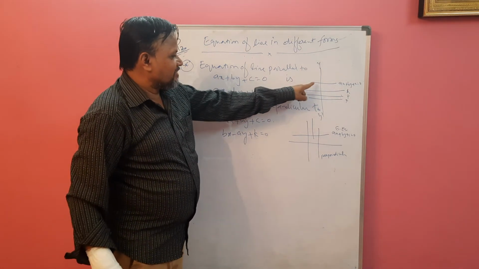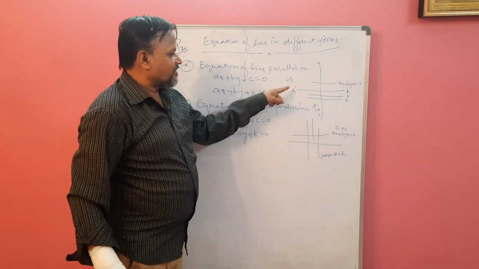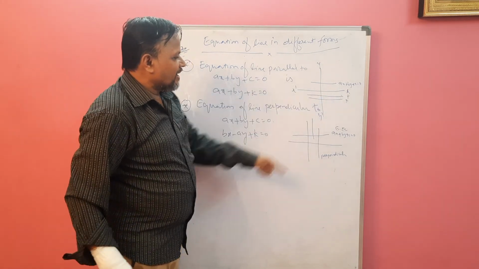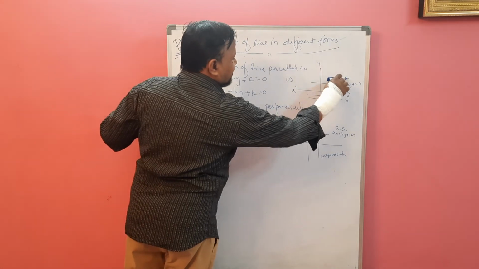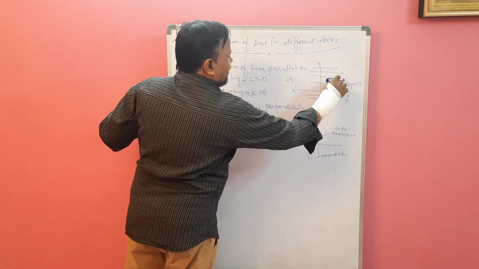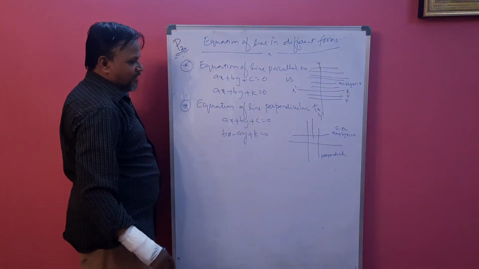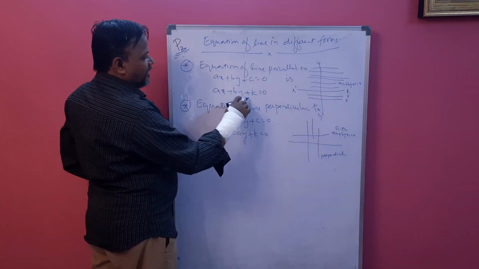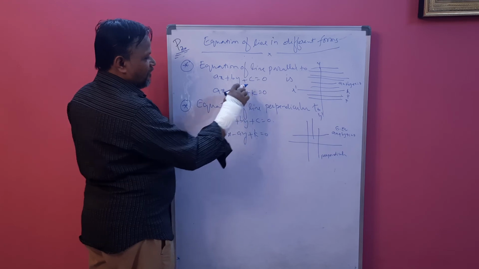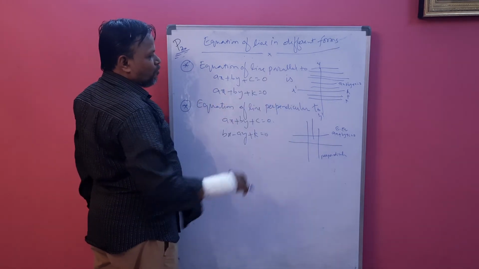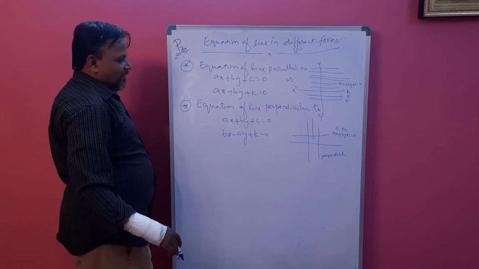So suppose this is the x-axis, y-axis, and our general line is this. Parallel lines are any lines where the first two terms are the same and only the constant k value is different. This can be negative, positive or any other number other than c. Then we can say the two lines are parallel.